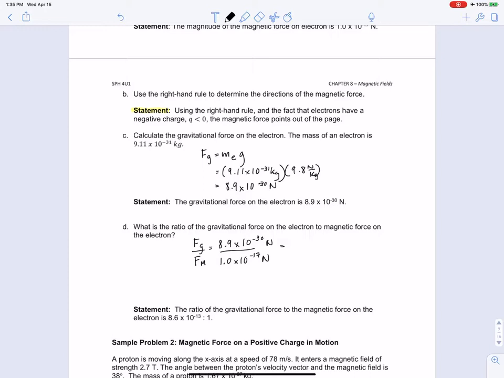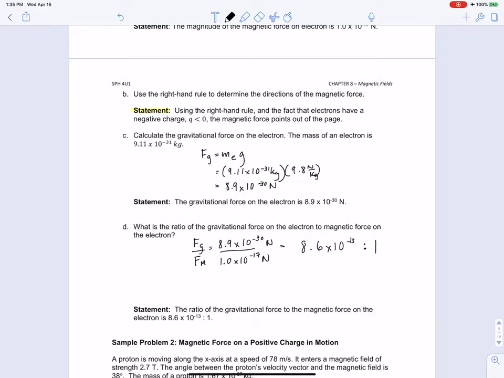If you punch this into your calculator, you get 8.6 times 10 to the power of negative 13 to 1. So we can see that the gravitational force is significantly smaller than the magnetic force on the same electron.